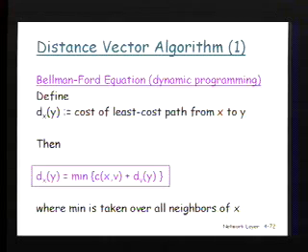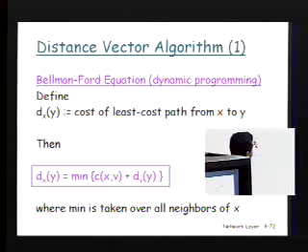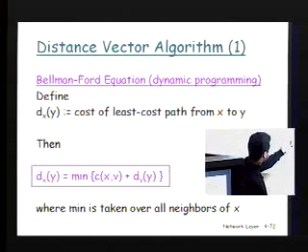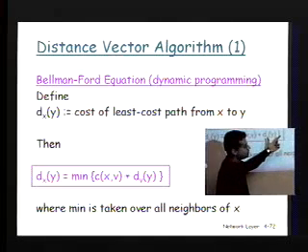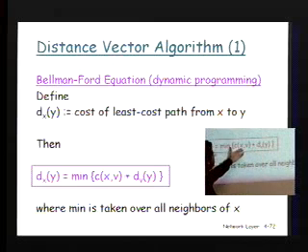If you have d(x,y), which is the cost of the least cost path from x to y, then that minimum distance or the optimal distance is the minimum of the optimal distance to a node V and the cost between that node V and this node X.